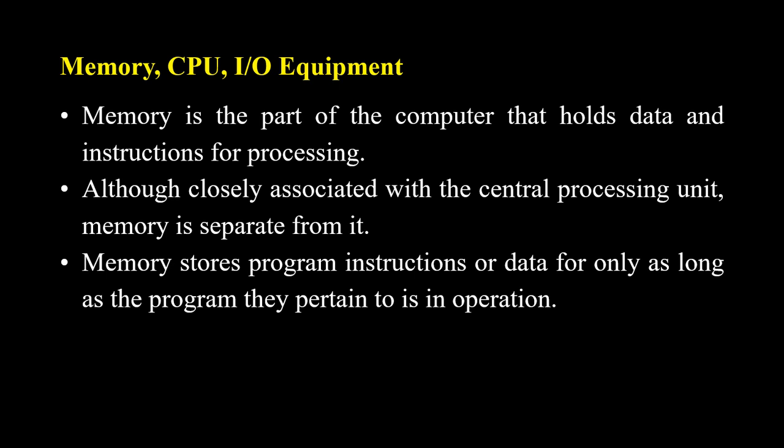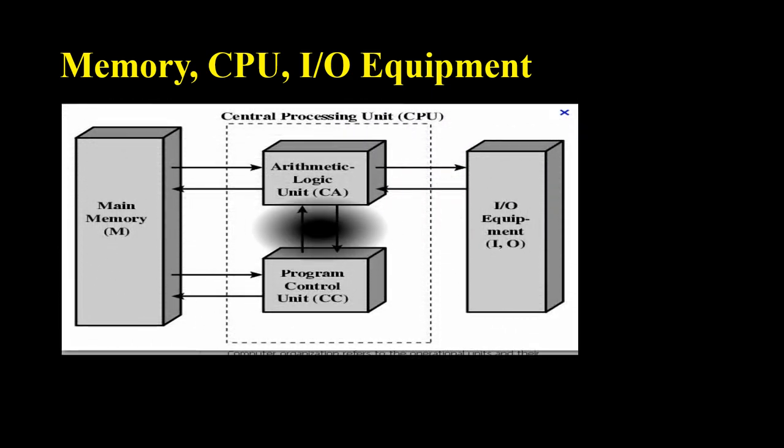Now, look at this figure here, a diagram showing the main memory, CPU, input, output, and equipment. This is another alternative diagram compared to the one we looked at first.